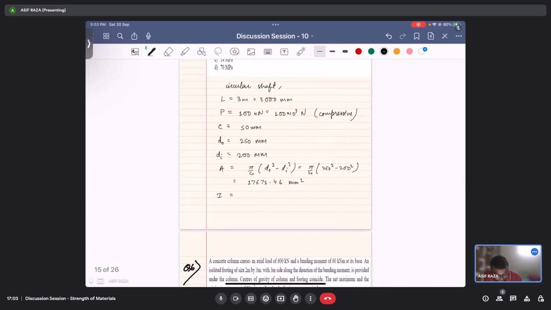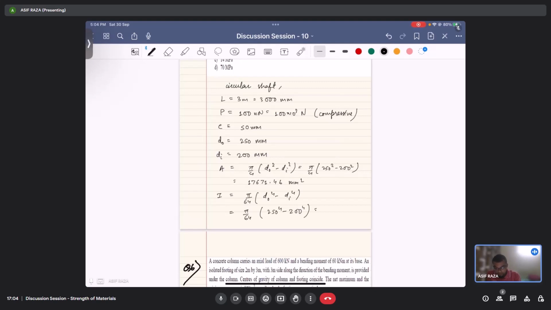I would be required. I would be equal to pi by 64 into D naught to the power 4 minus d i to the power 4. This would be equal to pi by 64 into 250 to the power 4 minus 200 to the power 4. Let's find it.